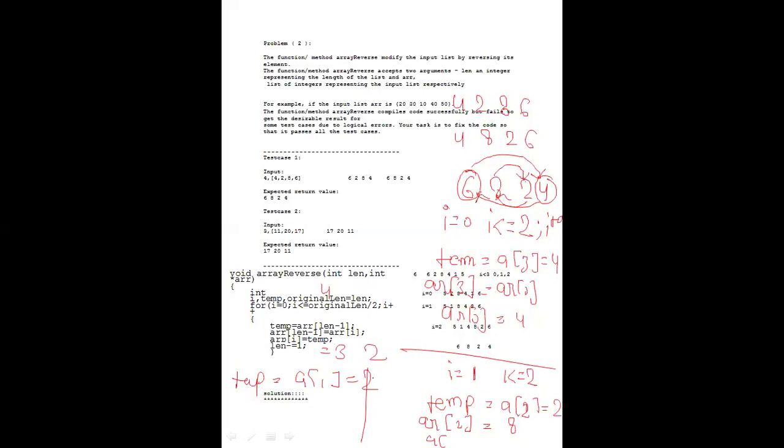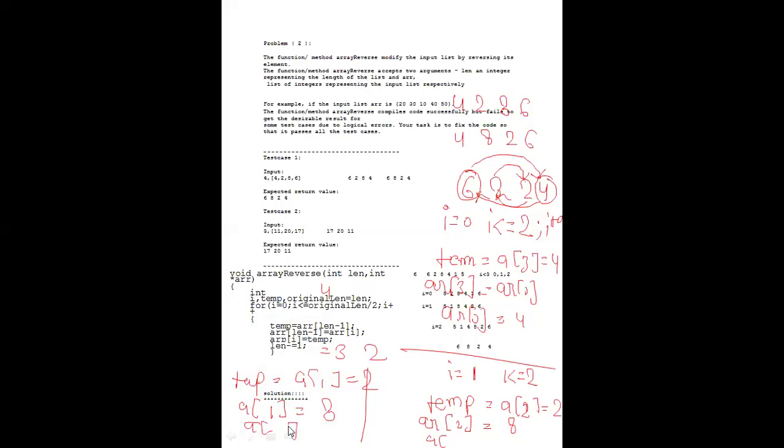Then array of len minus 1: len is 2, 2 minus 1 is 1. Array of 1 will store array of 2. So what is array of 2? 8. 8 will come here. So done, I'll store the 8 here. When I stored the 8 here, then next what I have to do? Just try to see how it is happening.